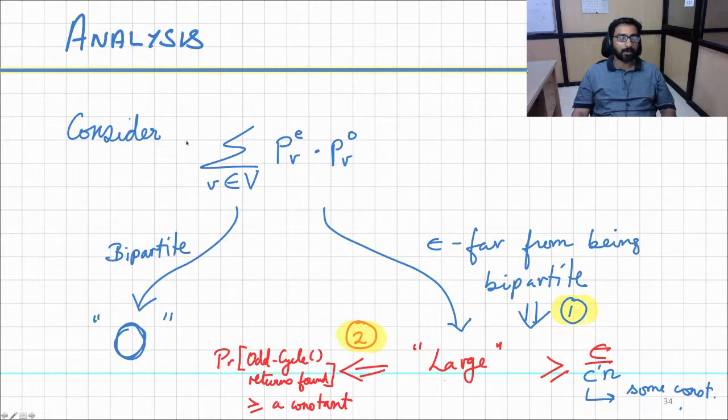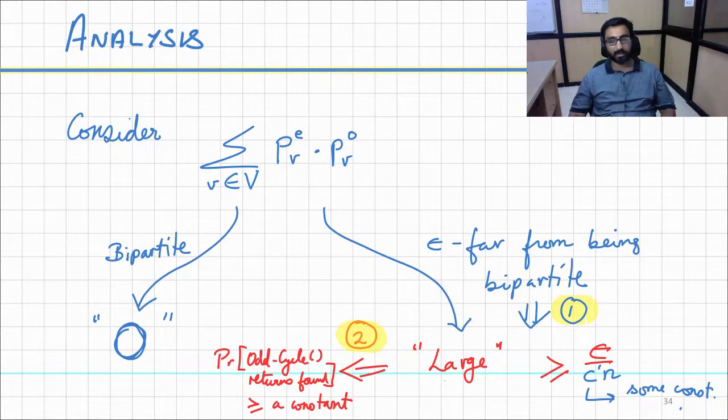It's certainly not 0, so it takes a much larger value. In particular, we want to show that this summation takes some value greater than epsilon over C prime n, and C prime is some constant. And given that the summation is so large, we need to show that the odd cycle subroutine will return a found verdict with some significant probability. These are the two steps of the analysis that we are going to follow.